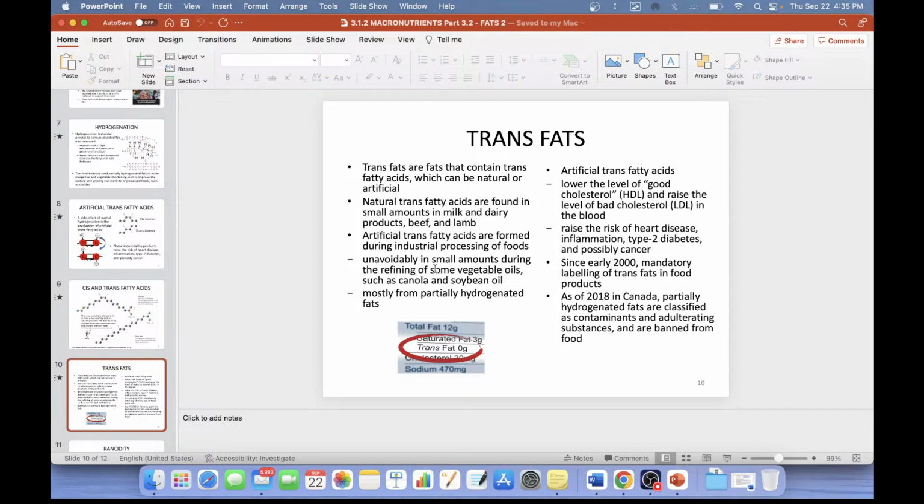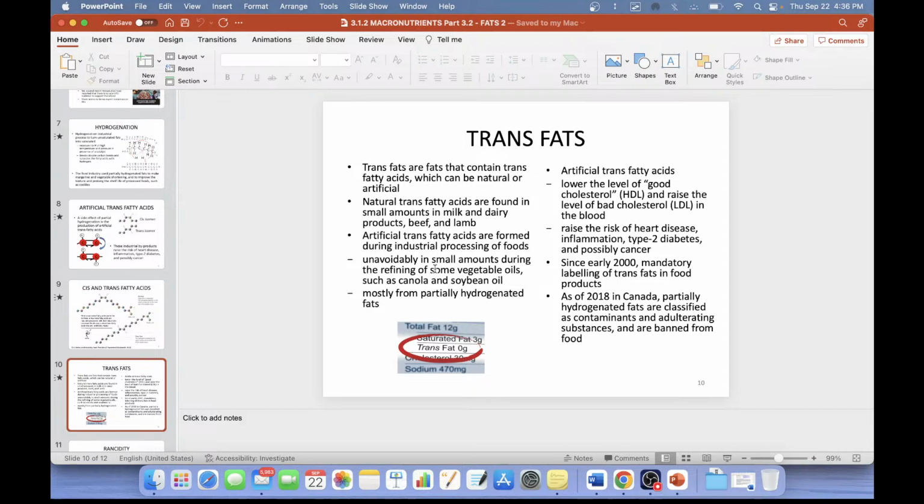Artificial trans fatty acids, well, this is repetitive, they are unhealthy. They lower the level of good cholesterol, which is called high density lipoprotein cholesterol, HDL, and raise the level of bad cholesterol, LDL, low density lipoprotein cholesterol, in the blood.